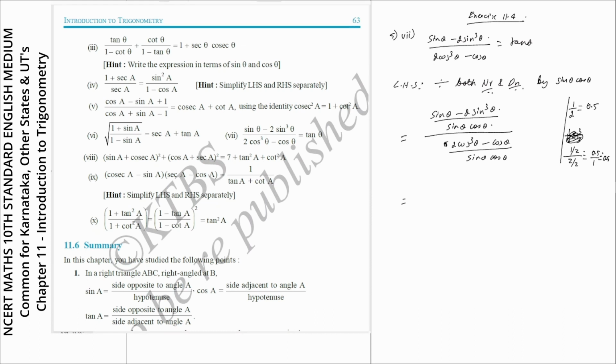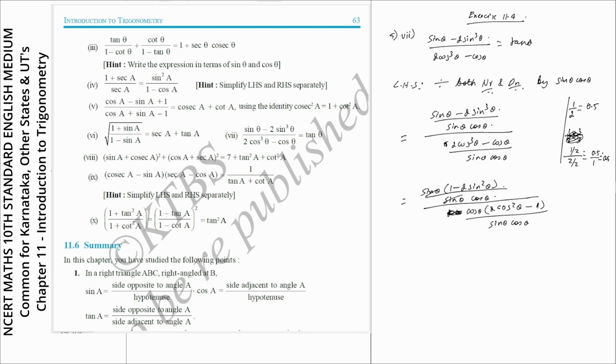Now in the numerator, sin theta I'll take common, so I get 1 minus 2 sin square theta divided by sin theta cos theta, the whole divided by, here I'll take cos theta common, so I'm left with 2 cos square theta minus 1 divided by sin theta cos theta.